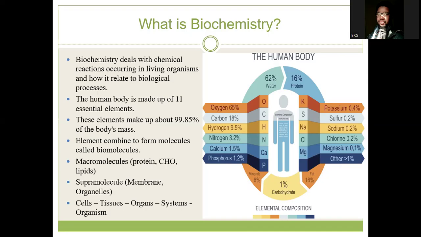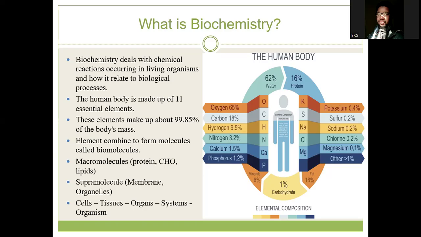So carbon can form a bond with carbon, a bond with hydrogen, a bond with nitrogen and phosphorus, and that can lead to the formation of different molecules. So these elements combine together to form molecules. Specifically in the biological system, we refer to them as biomolecules.